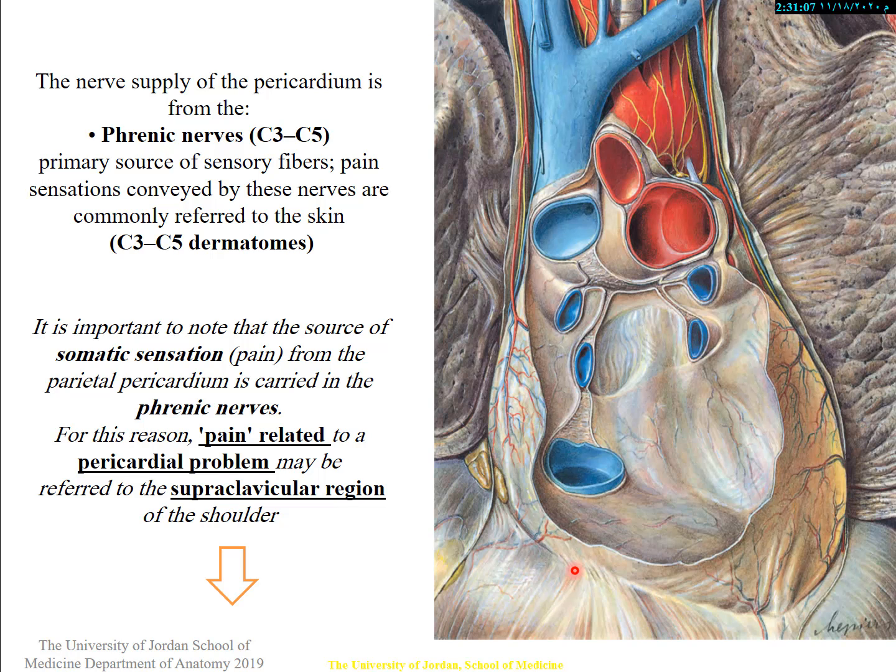Now, what does this mean? In this area, where the phrenic nerve takes the sensory information from the peritoneum lining the diaphragm, some pain could come from the gallbladder. As you know, the gallbladder is on the right side, and the diaphragm is molded upon the liver itself.